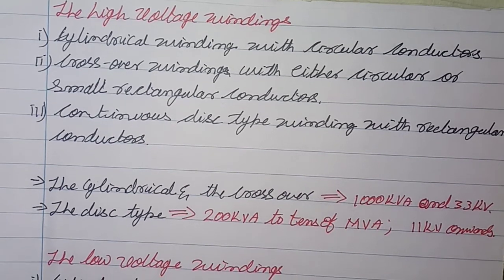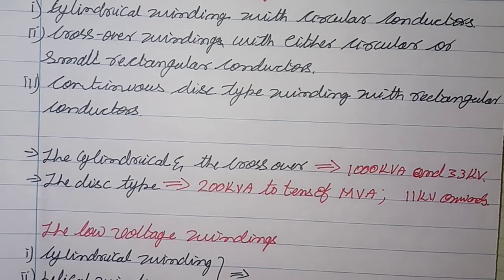Where all we'll be making use of these, we'll see. The cylindrical and the crossover are used for 1000 kVA and 33 kV. So for such ratings we go for cylindrical and crossover windings, and this type is used where the requirement is from 200 kVA to tens of MVA, like 10, 20, 30 MVA.